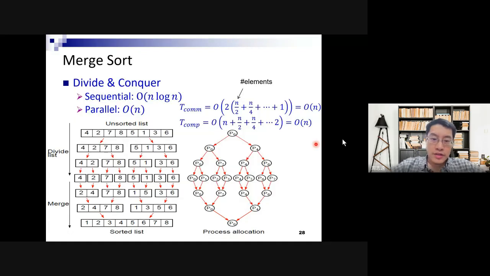Okay, so just a quick recap. Last time we talked about some parallel algorithms for sorting, right? And one of them is merge sort. From this basic or naive parallel implementation of merge sort, you can observe a problem: the parallelism, the number of processes you can use in each step, actually decreases, right?